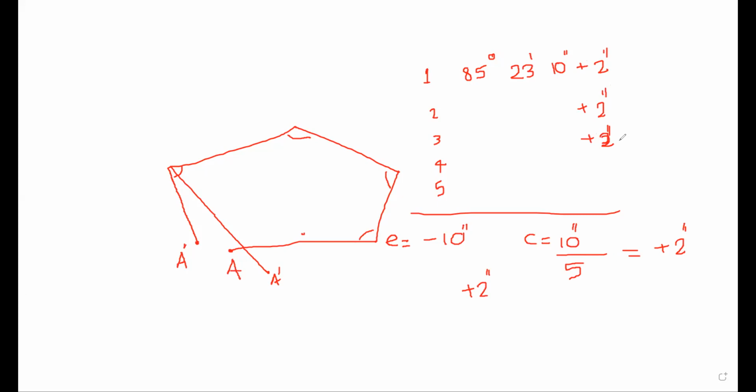So your corrected angle 1 is 85 degrees, 23 minutes and 12 seconds. So that is the corrected angle for angle 1. Similarly, 1, 2, 3, 4, all the angles can be corrected.